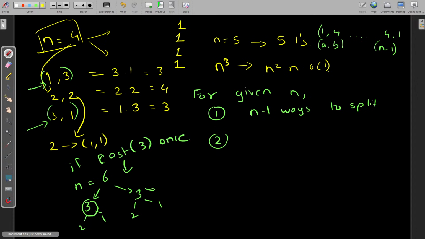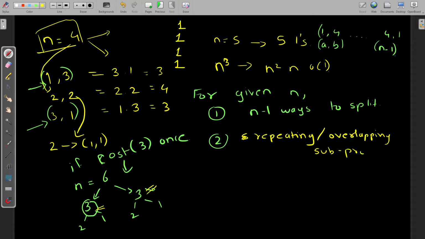When we are branching off, we don't need to dive deeper. We can just store the value on its first computation and use it again and again. So that means there is a repeating or overlapping subproblem in this particular problem.